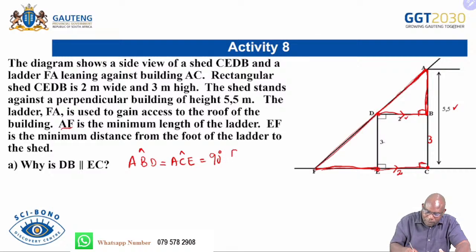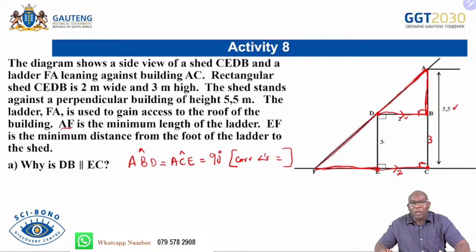Which makes them corresponding angles. Remember, corresponding angles are equal if the lines are parallel. So it is very important that you write down that corresponding angles are equal, because if they're equal, therefore the lines are parallel.